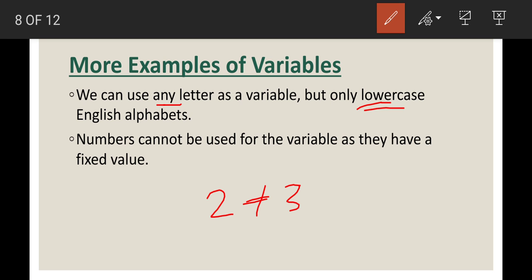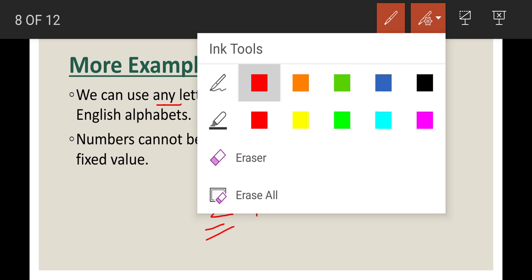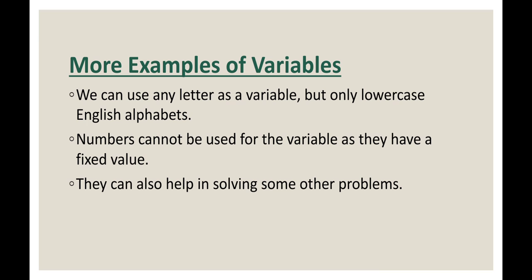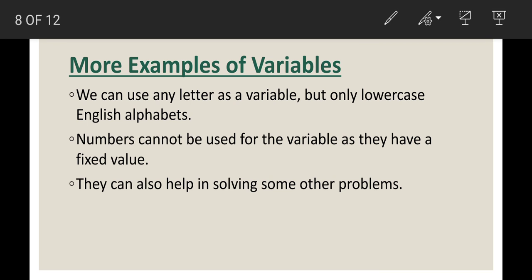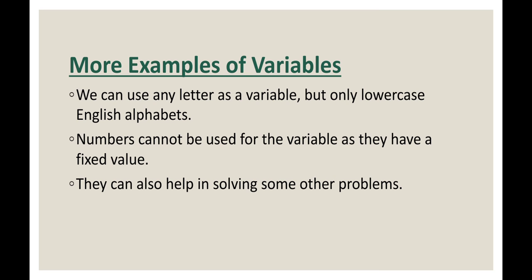So we can't represent any number as a variable. We have to use the lowercase English alphabet as the variable. One more point is they can help in solving other problems also. We can make the pattern for anything, and after that we can find the value for that one.